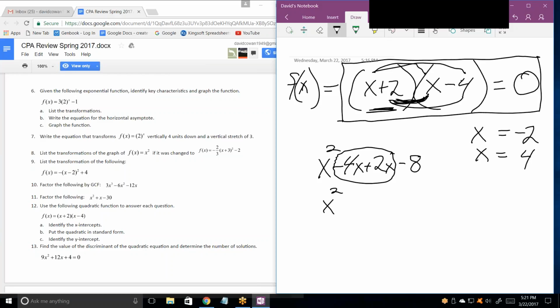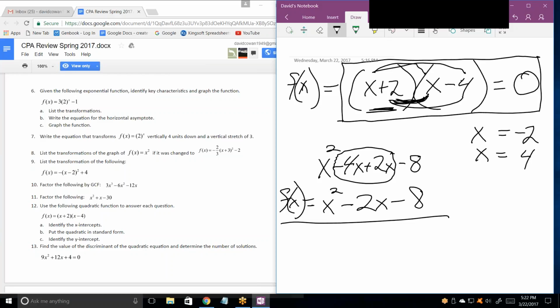It's just -2x. -8. That is in standard form. In other words, the form they gave it to us in originally was actually X-Intercept form. But this is standard form, where you have the full quadratic.